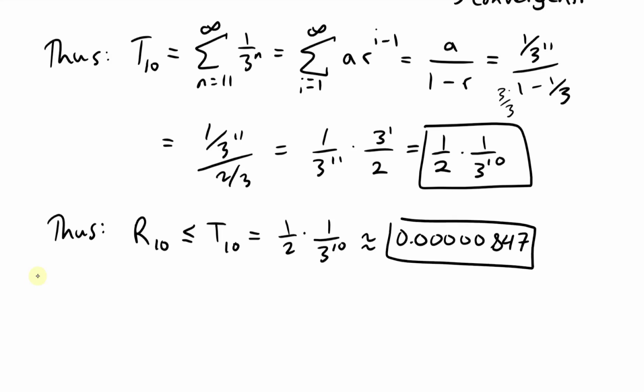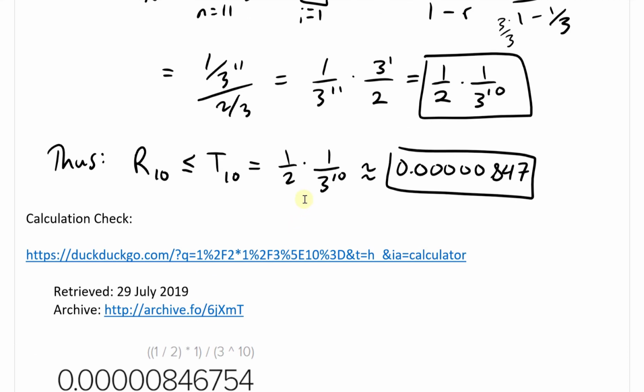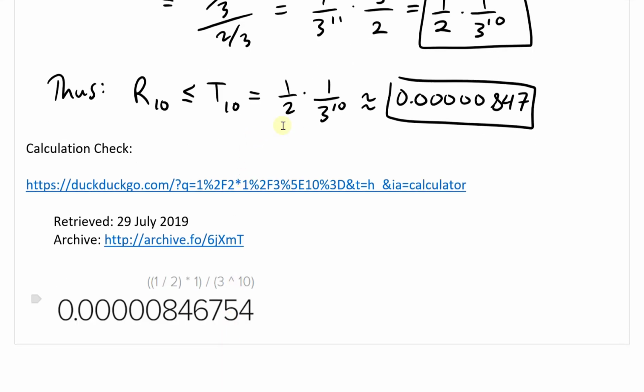So circle this one like that. For a calculation check, it's too fine-tuned for my OneNote calculator, so I just use DuckDuckGo to search it. So 1 over 2 divided by 3 to the power of 10. That's what we get there.